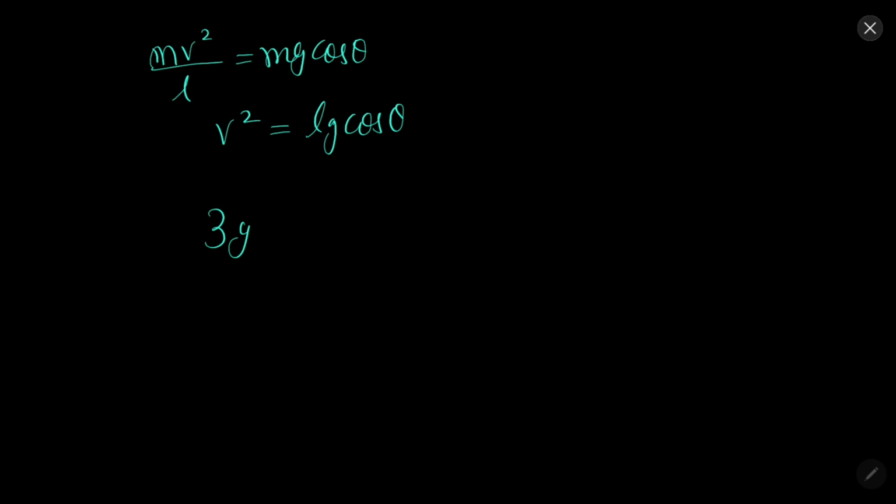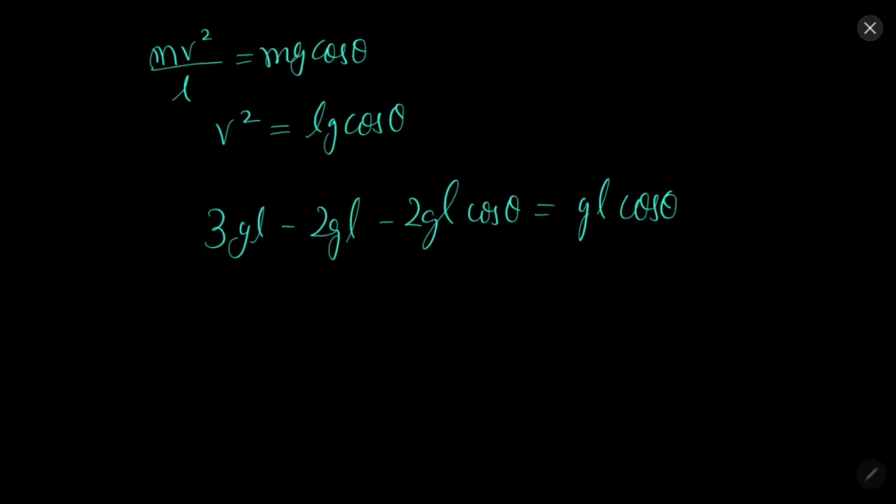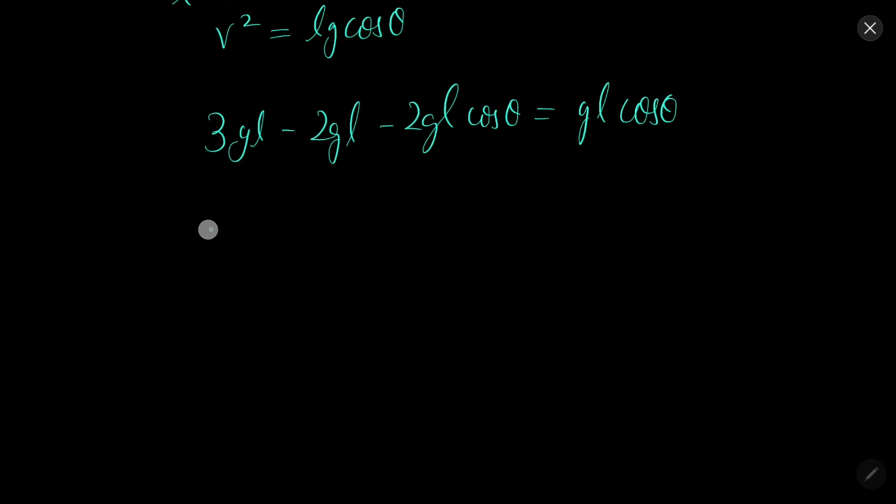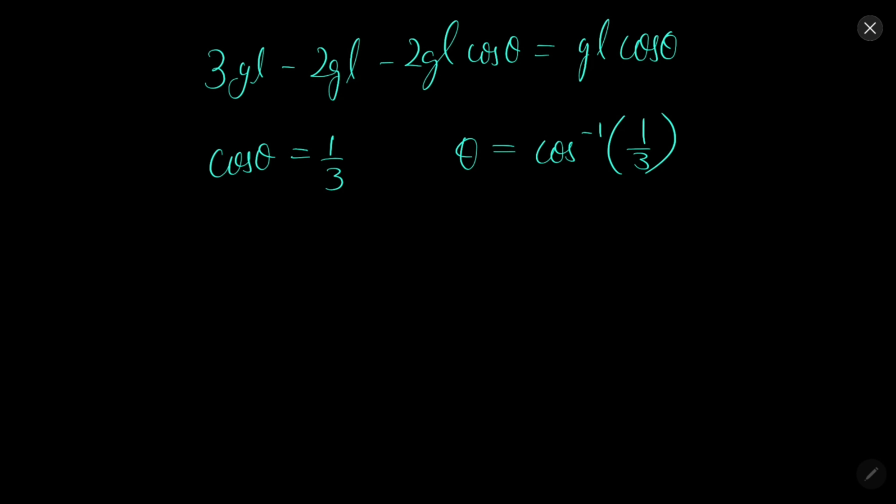We also know mv square over L is equal to mg cos theta. So v square is equal to Lg cos theta. So putting the value, we obtain this thing. So from this, cos theta will come out to be 1 by 3. Theta will be cos inverse 1 by 3.